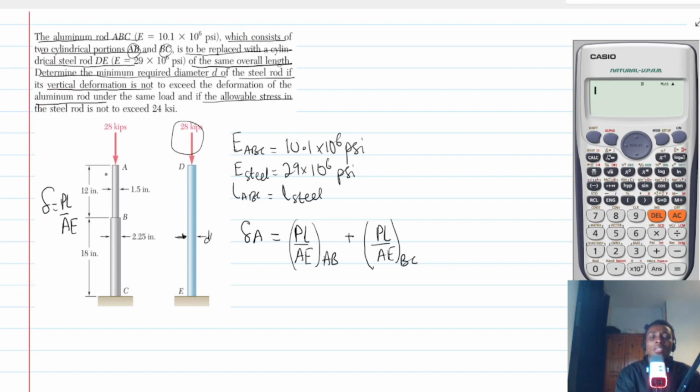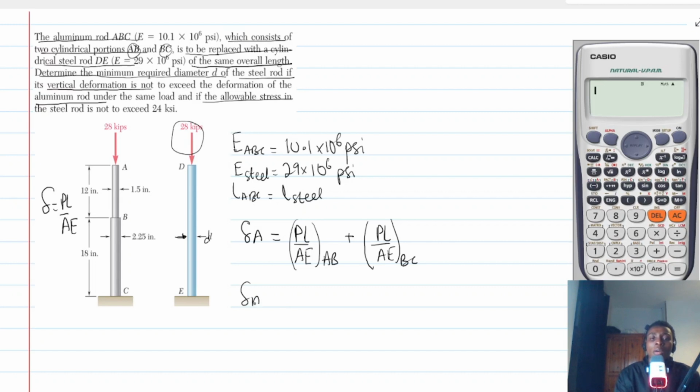So basically we are trying to say that the total deflection within this material will be that of AB plus that of BC. Okay, but they are all subjected to the same load, which is the same axial load of 28 kips, and then it is the same material, so the Young's modulus is the same.